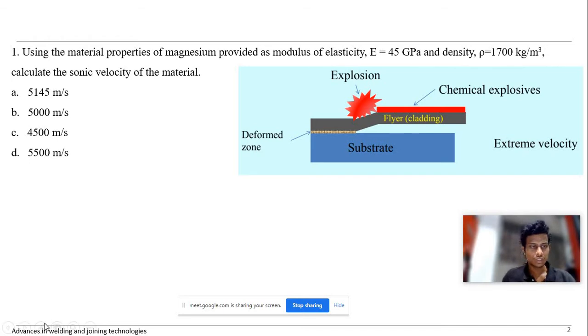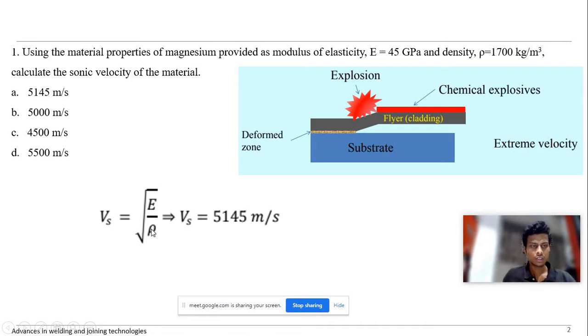One more thing: 45 GPa, gigapascal, is given, so we need to convert it into SI units and then solve the problem. After converting to SI units and solving, we'll get the solution as 5145 meter per second.